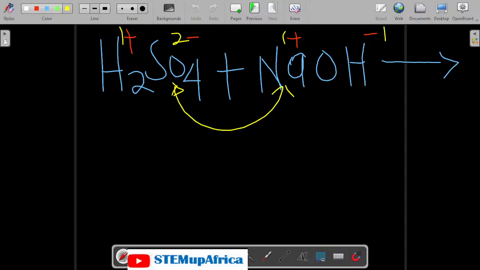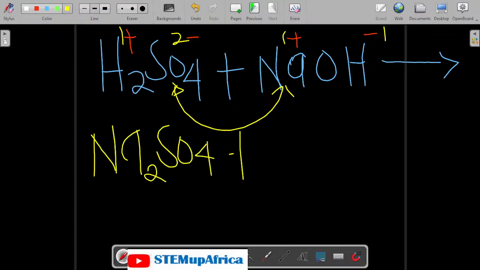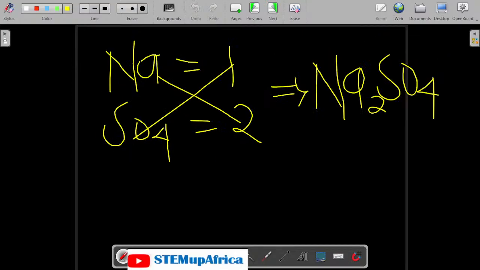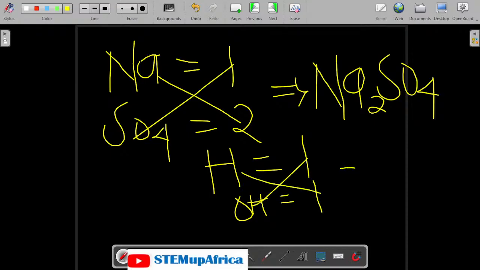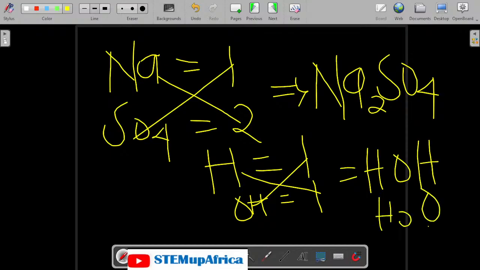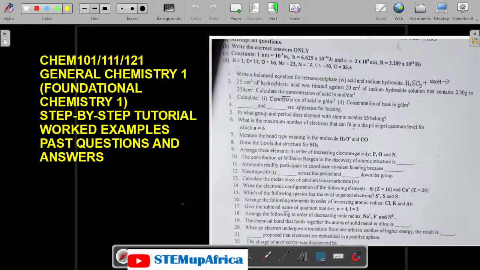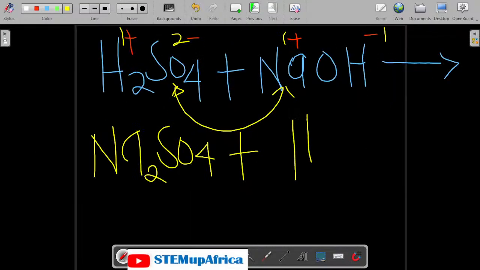So I'm going to have Na2SO4 plus, what is the combining power of hydrogen and hydroxide, the positive and the negative we are here to use? Hydrogen, combining power of 1, hydroxide, combining power of 1. So if I exchange, we're going to have HOH, which is the same as H2O. So the next product now is simply plus H2O.